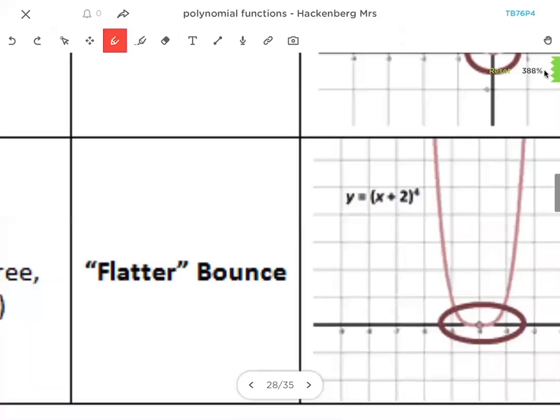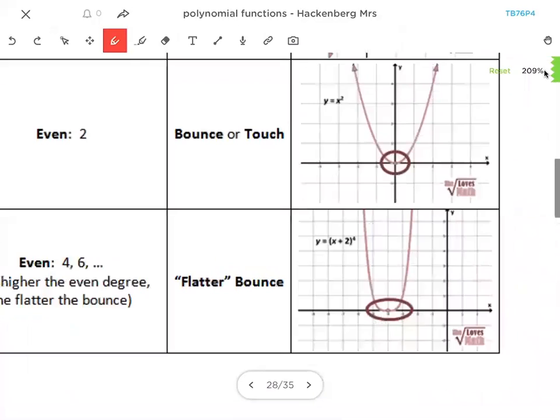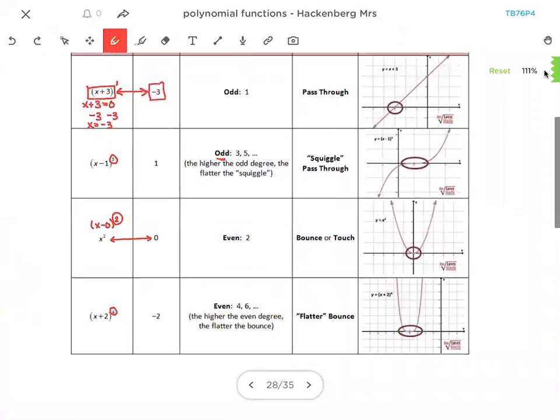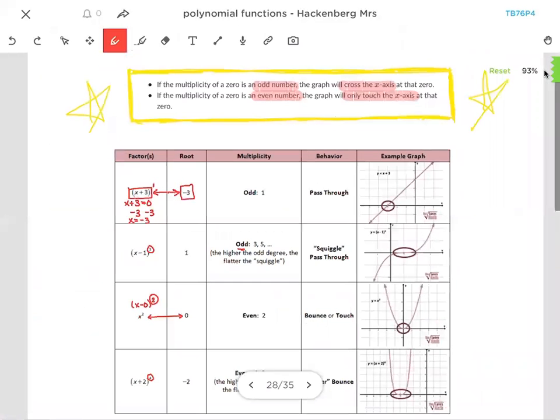It's not touching the x-axis at several consecutive spots, just one, but it's going to make it flat. So that's the basic gist. Remembering that part in the yellow box is important: odd multiplicity passes through, even multiplicity only touches.